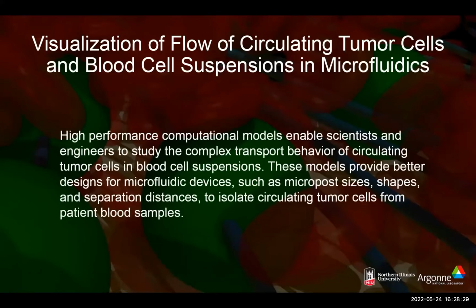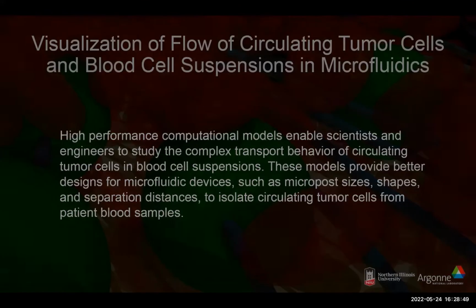High-performance computational models enable scientists and engineers to study the complex transport behavior of circulating tumor cells in blood cell suspensions. These models provide better designs for microfluidic devices, such as micropost sizes, shapes, and separation distances, to isolate circulating tumor cells from patient blood samples.